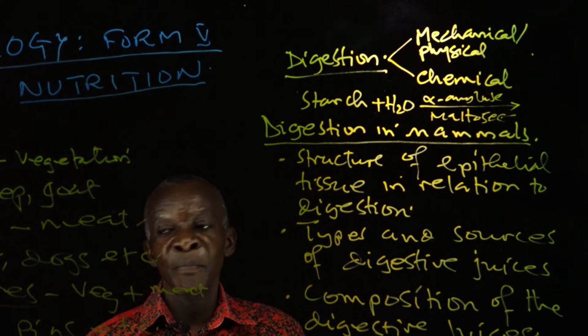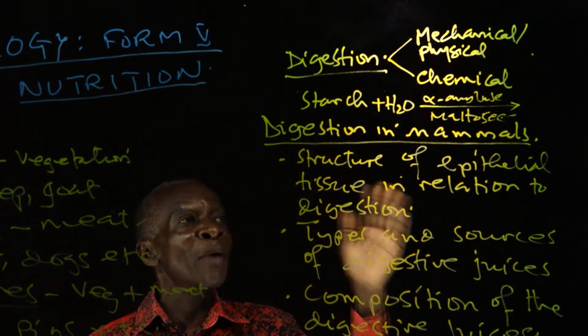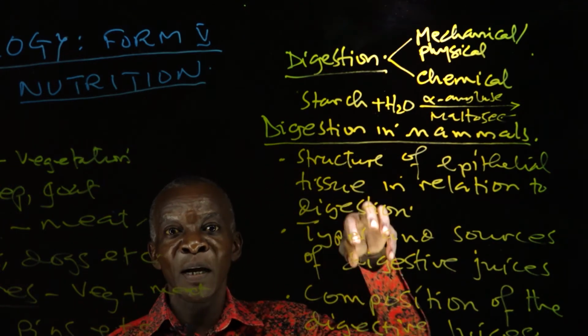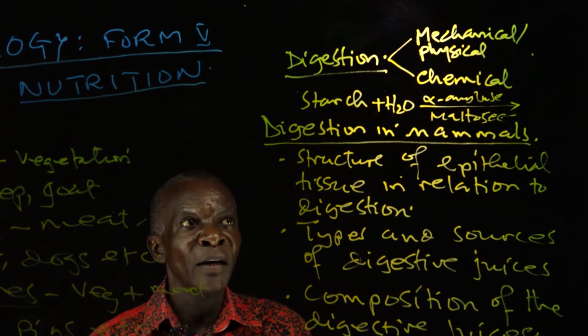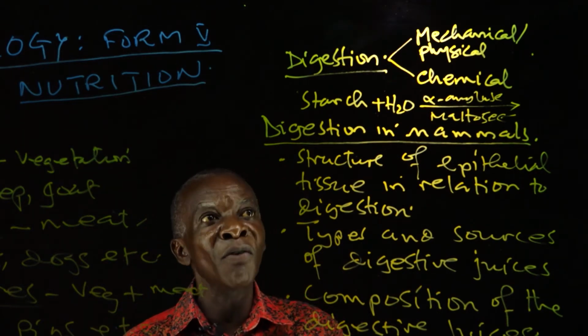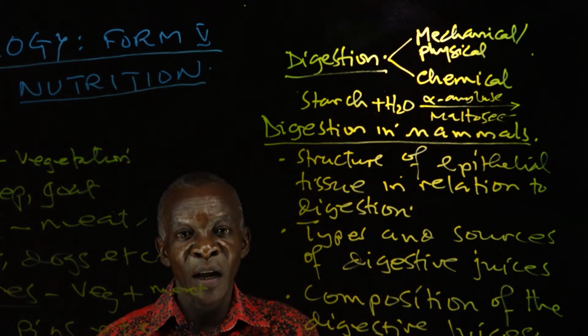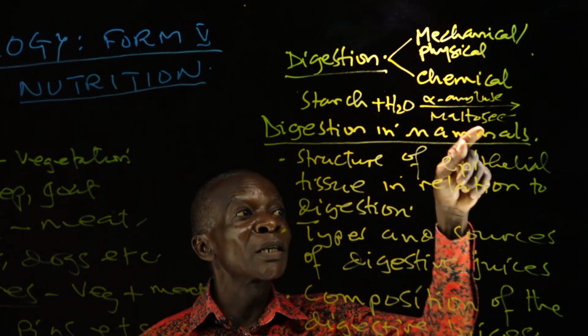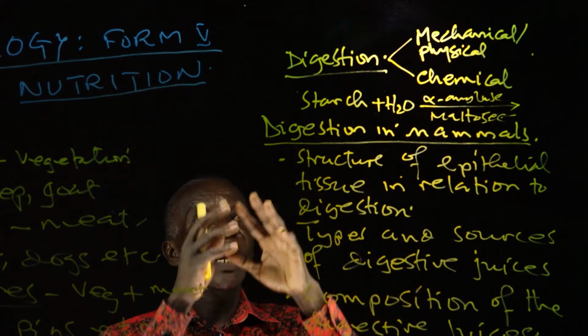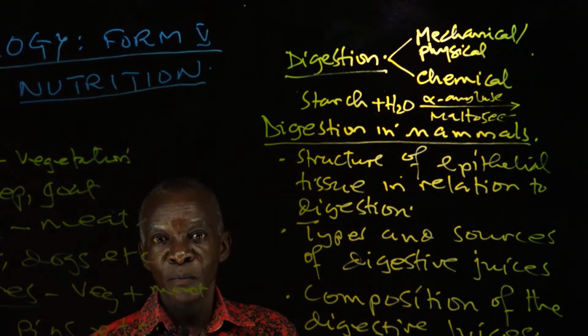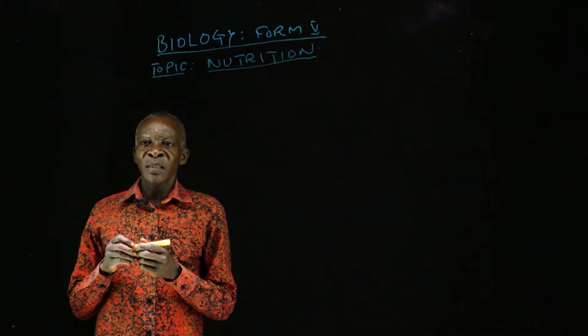So the breaking down of starch into maltose under the influence of salivary amylase is typically a chemical digestion, because the chemistry of this carbohydrate changes from a complex form to a simpler form, from a polysaccharide to a disaccharide. So chemical digestion is effected by the presence of enzymes.